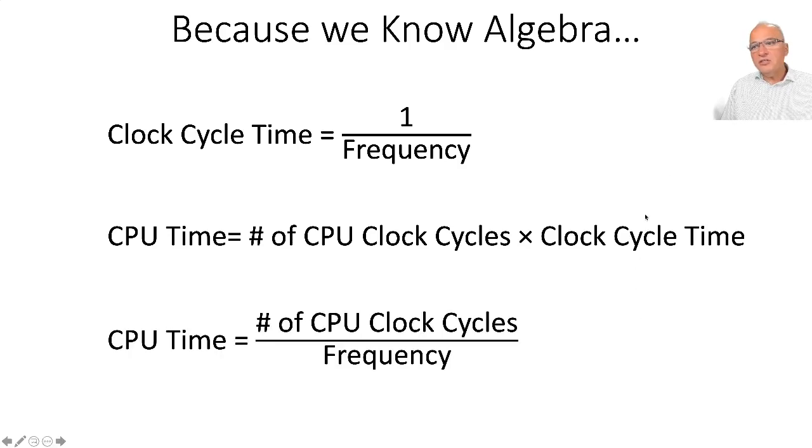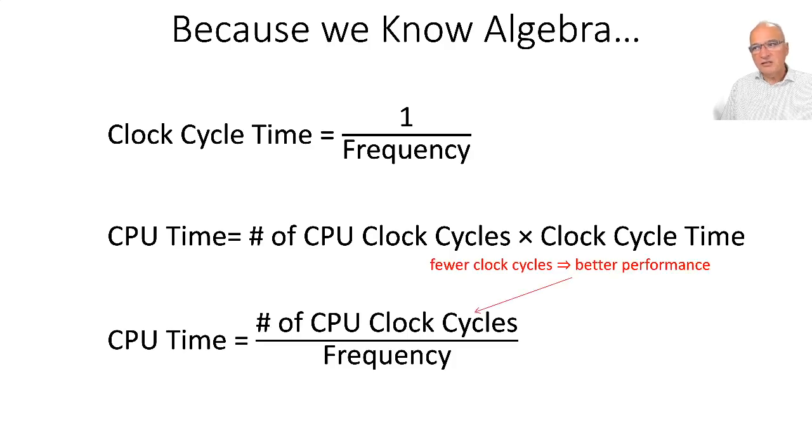But because we know algebra, we can replace the clock cycle time here by 1 over the frequency. So we can see that the CPU time to execute, so the time to execute a program in the CPU, is the number of CPU clock cycles divided by the frequency.